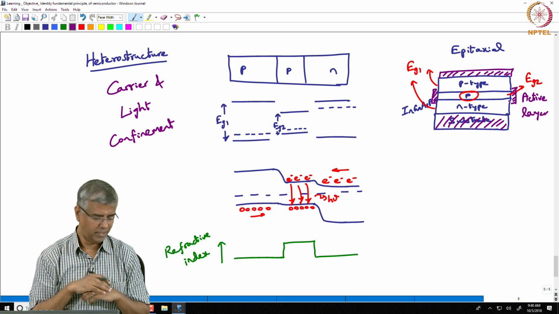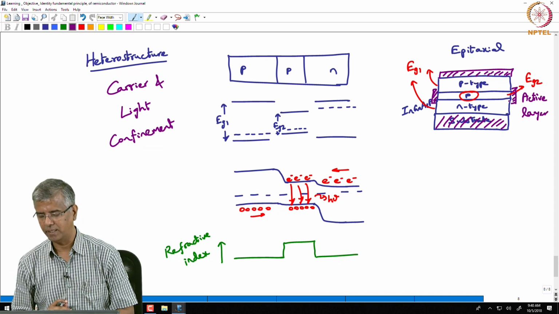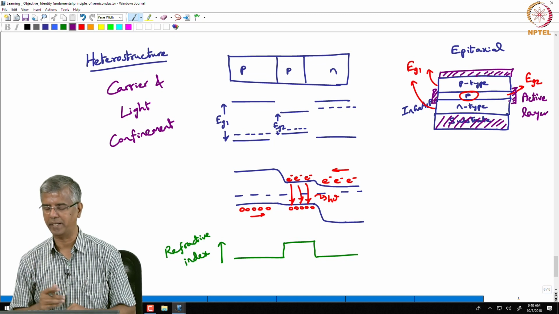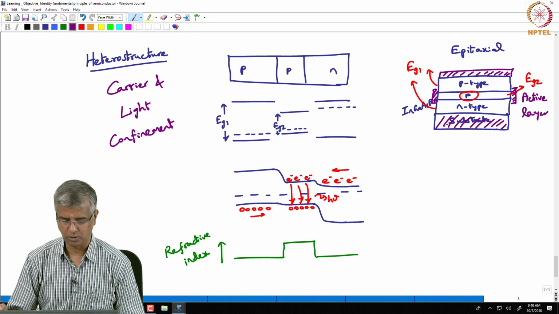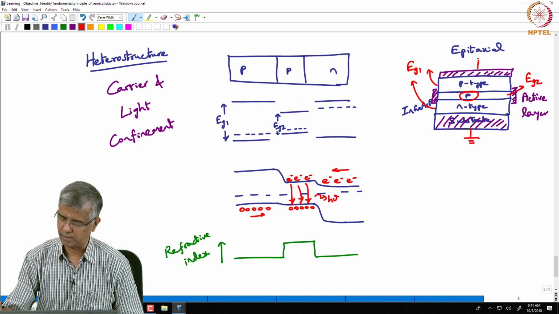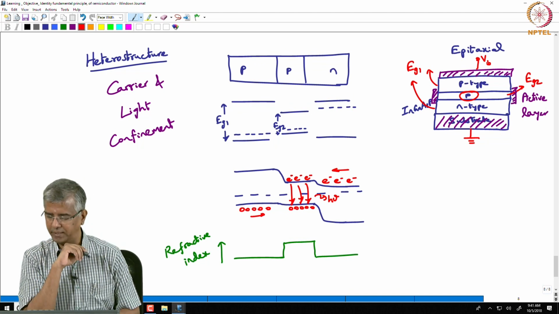Okay, so enough about structures and all that. Let's go ahead and try to put some current through this and see what happens. What we are essentially talking about is, let's say you ground this, and you apply some bias to the structure. What happens in that case?